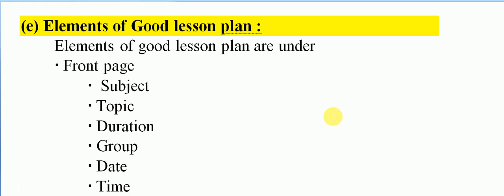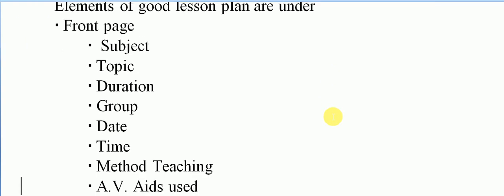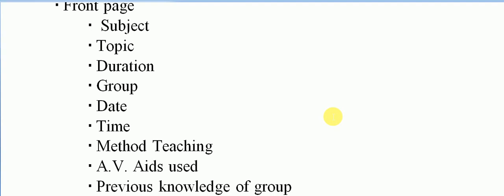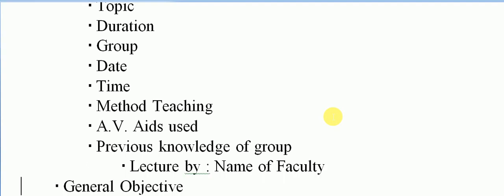These are the only elements of the lesson plan that we must prepare for the front page of the lesson plan. In the front page we may just mention the name of the college, address, subject, topic, duration, group, date, time, method of teaching, AVAID which are used during the lesson plan, previous knowledge of group, and lecture by faculty.